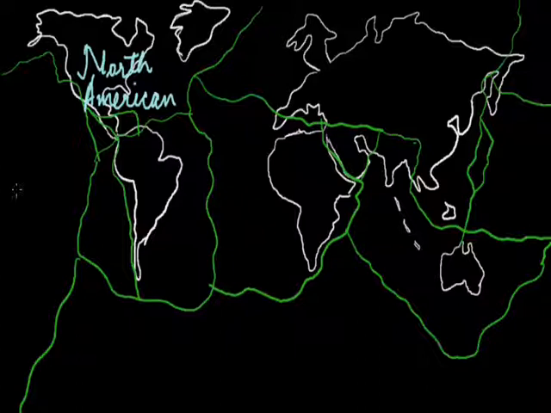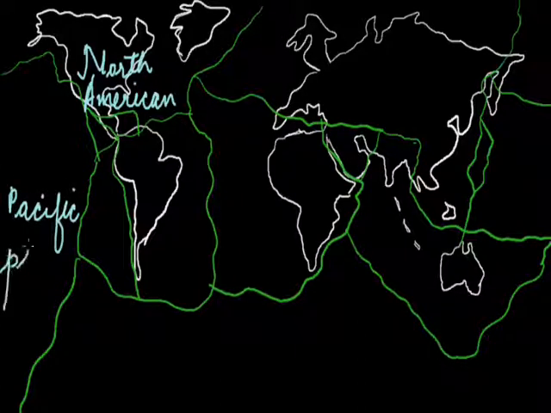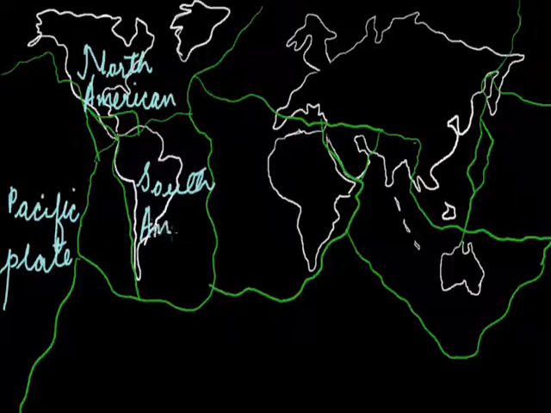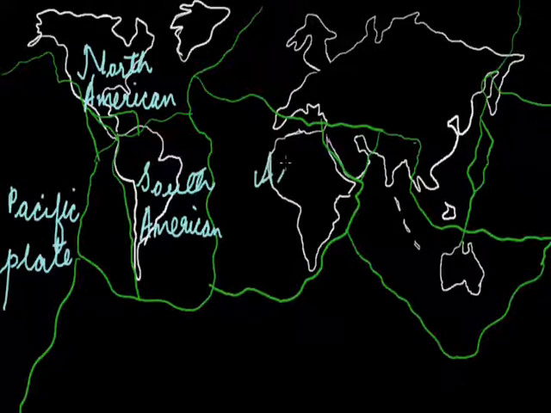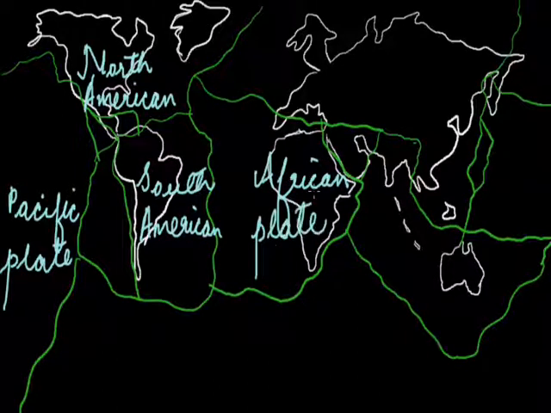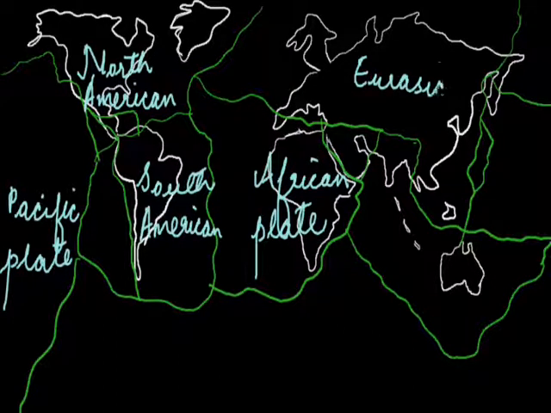Near the Pacific Ocean, we have the Pacific plate. As the name suggests, South America is the South American plate. Here it is the African plate. This is the Eurasian plate, the present Asia.